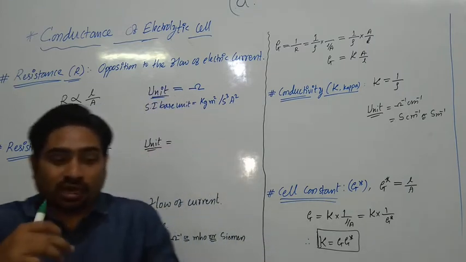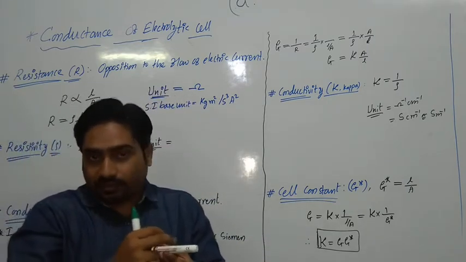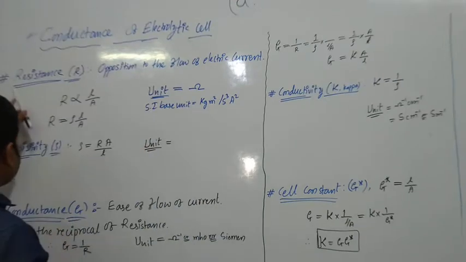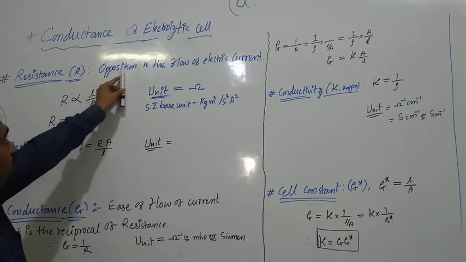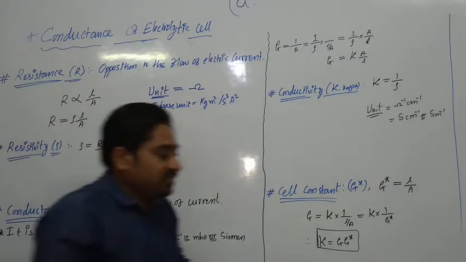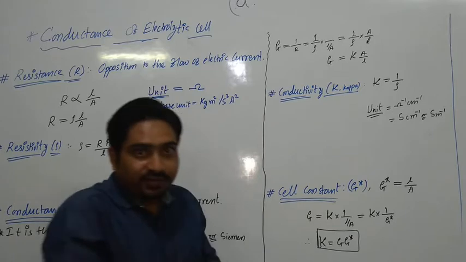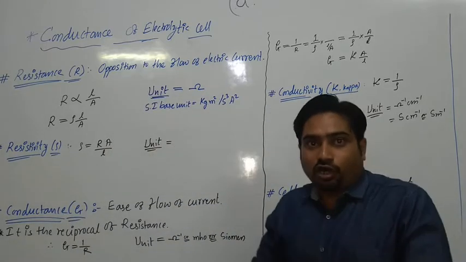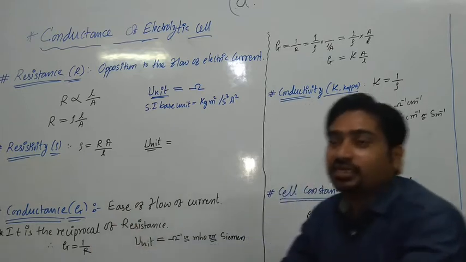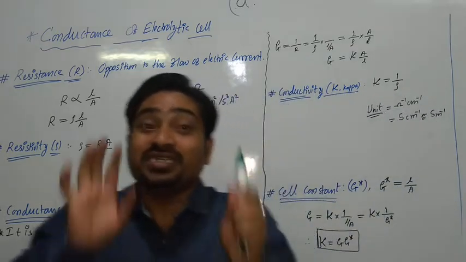That opposition offered by the body of this conductor is called resistance. So resistance is opposition to the flow of electric current. If electric charge is passing in this way, there are some components which resist the flow of that electric current. That opposition is called what?